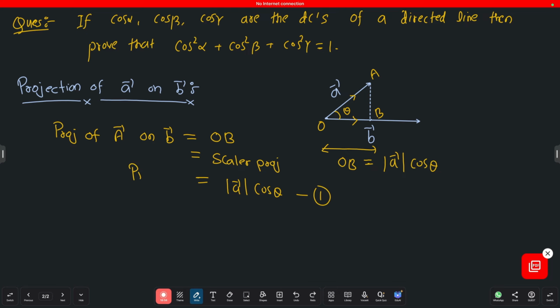Note this, projection of A vector on B vector. We know that cos theta is A vector dot B vector upon mod B mod A. So put this value here, then mod A cancels, and the answer will be A dot B upon mod B. This formula I gave last time.